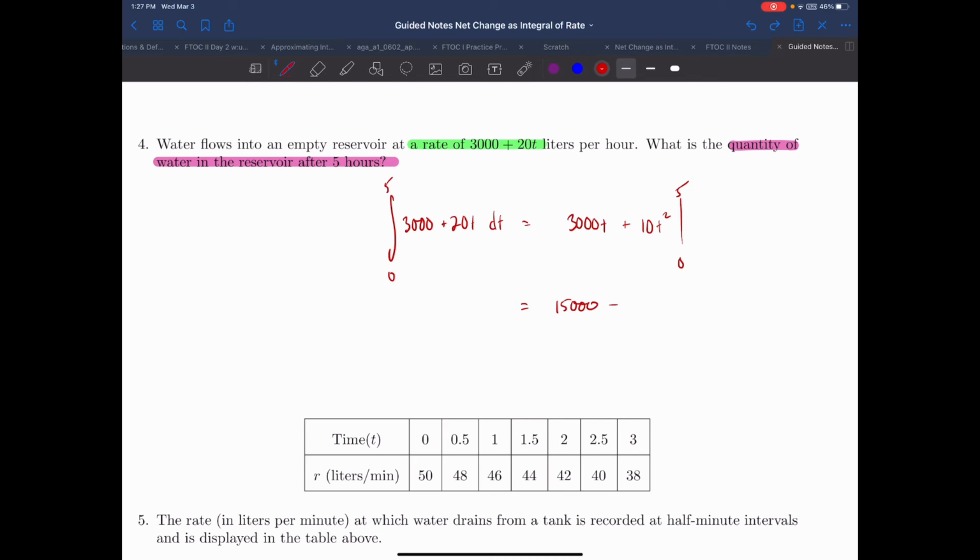It's going to be 15,000 plus, then I have to evaluate 5 in t squared, so this would be 250 minus 0. And so we'd get 15,250 liters. Okay, so these integrals are relatively simple. It's just a matter of setting them up that is the challenge.